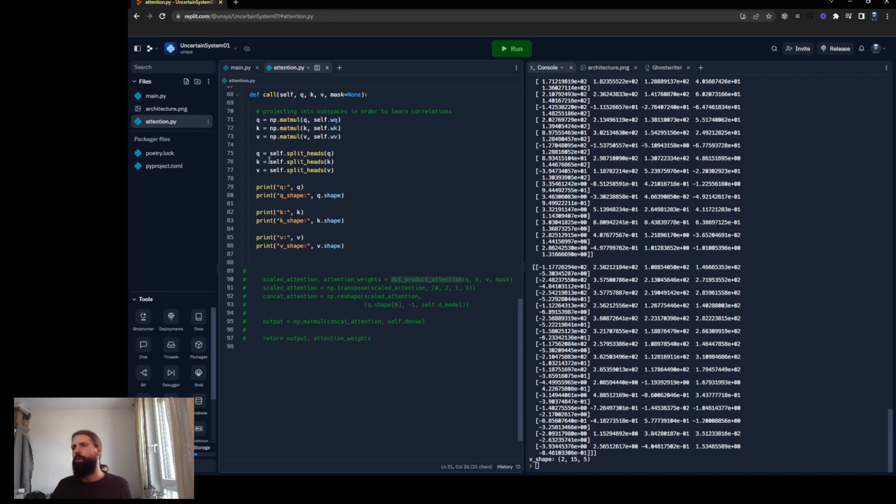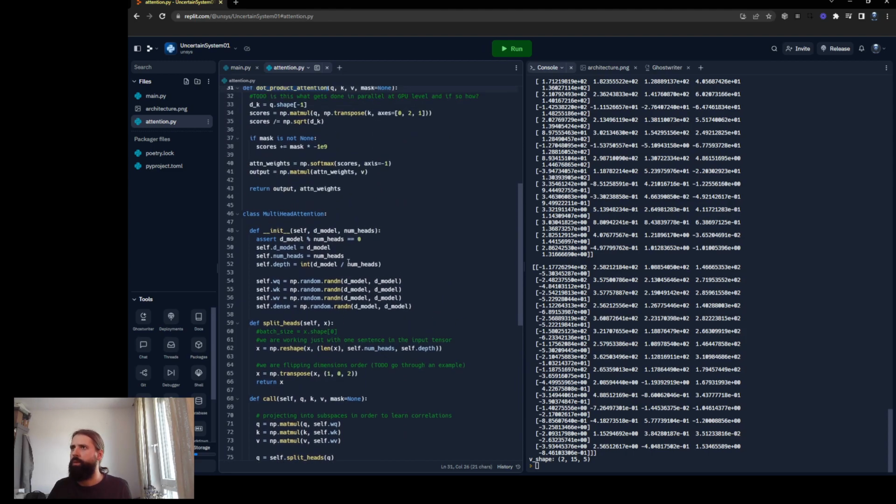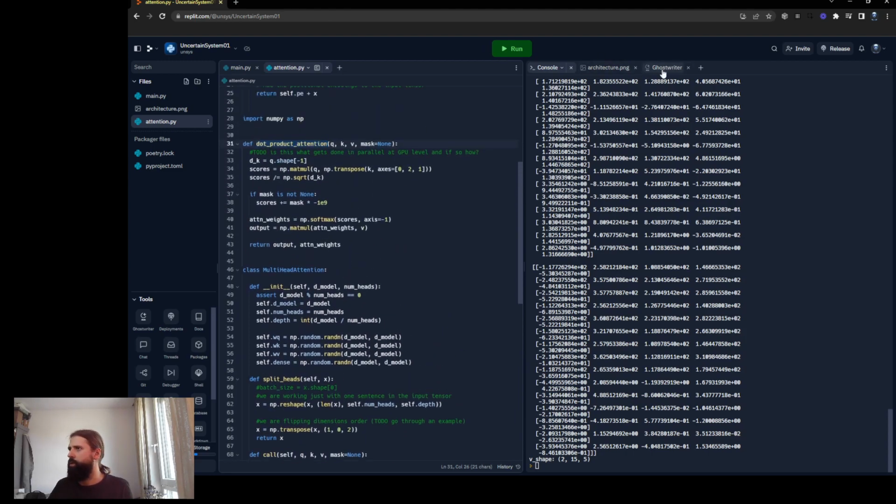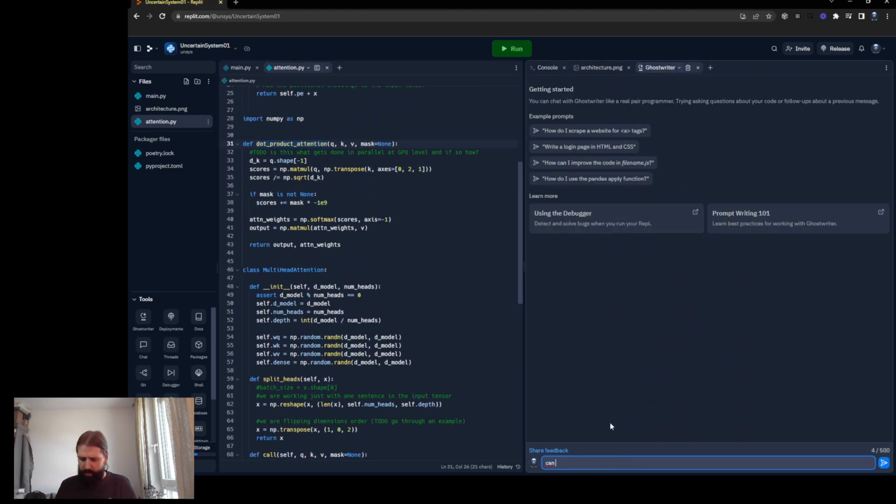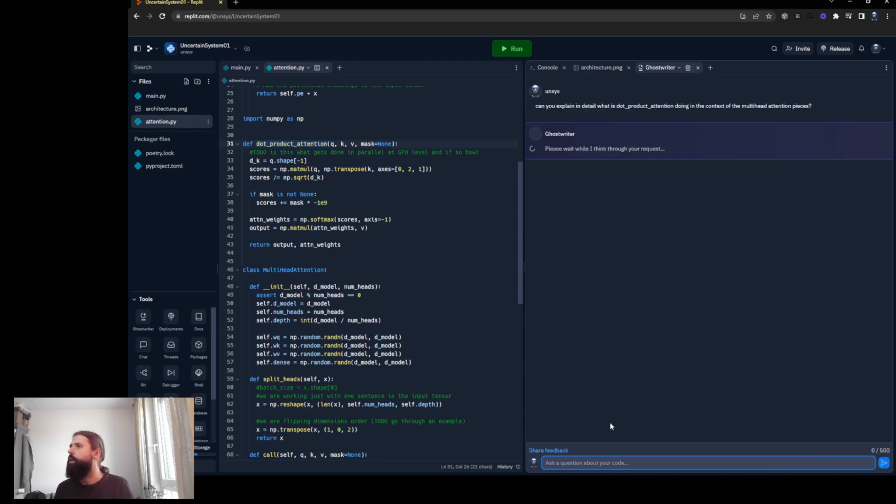We just call it with the heads. Cool. So Ghost Rider, can you explain in detail what this function is doing in the context of the multi-head attention pieces?